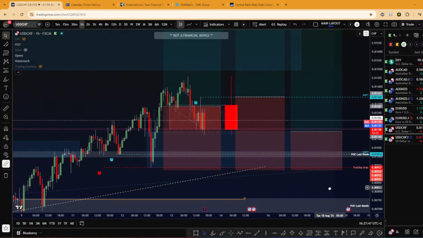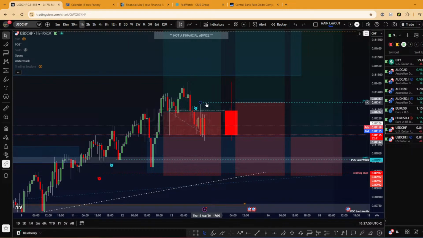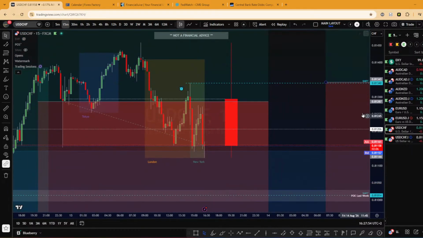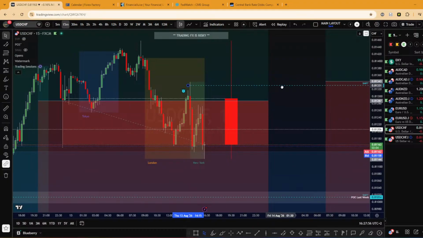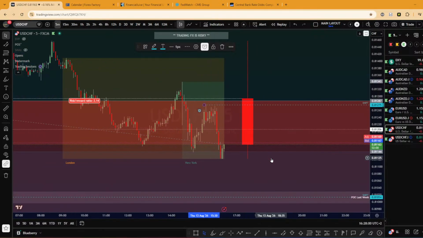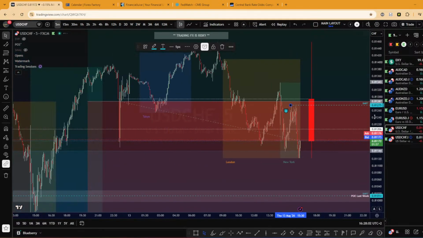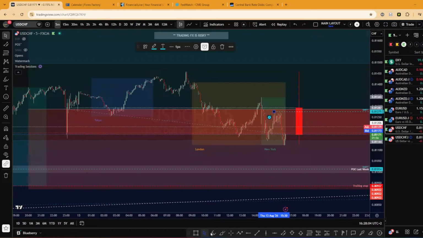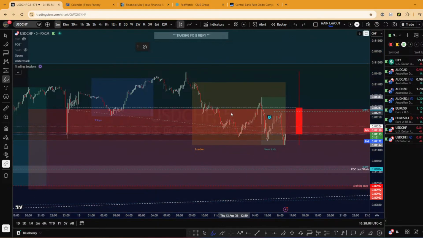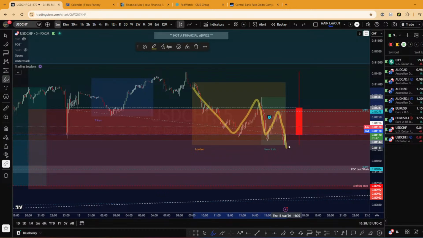USDCHF, I need a break of this high to confirm that price is, or even this high. You see, go to 15 minute. Yes, I need a shift of structure, or something like this. If we could break it, it's okay.